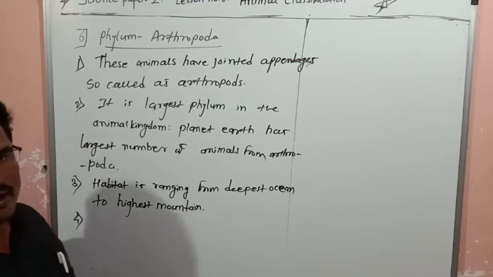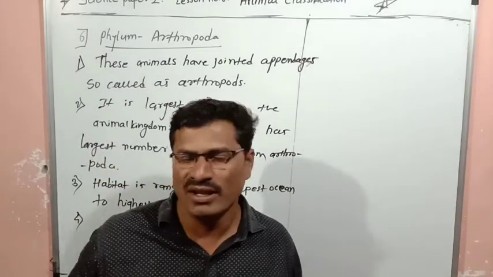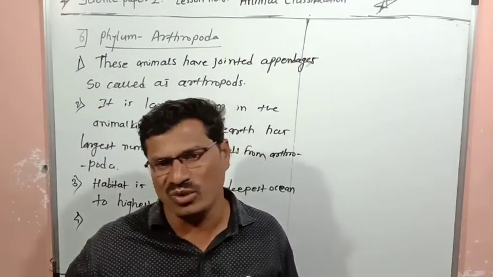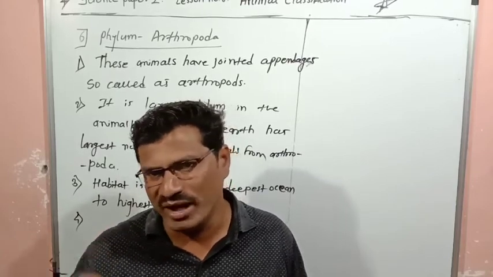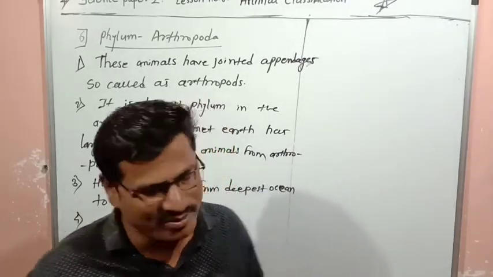Then a fourth point. In that fourth point you can say the body is triploblastic, the body is eucoelomate, the body is bilaterally symmetrical, and the body is segmented.